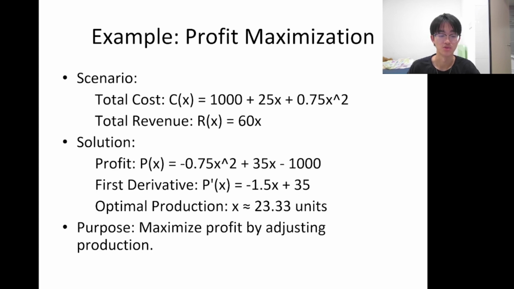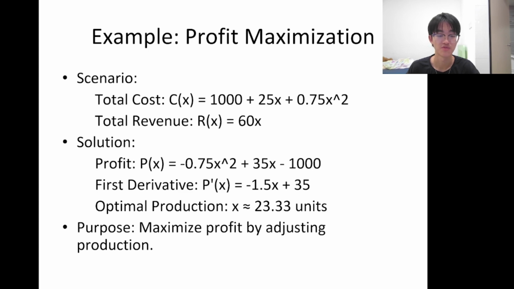Let's go deeper into the detailed examples of profit maximization. Suppose a company produces with the following functions. The total cost function is C(x) = 1000 + 25x + 0.75x².